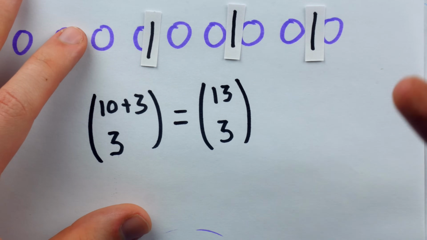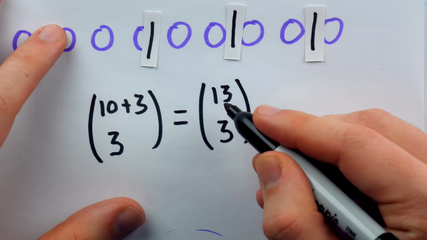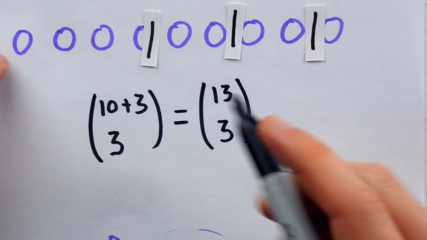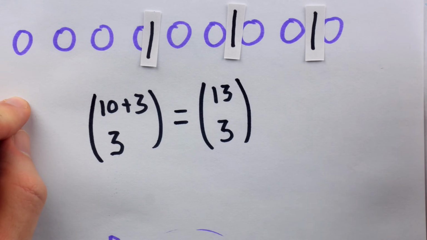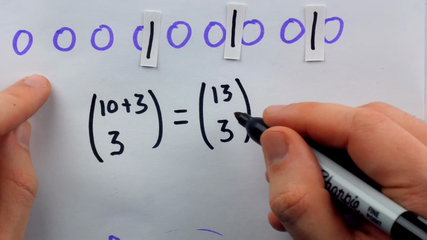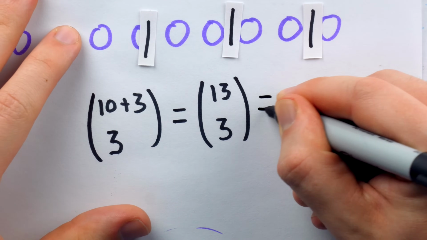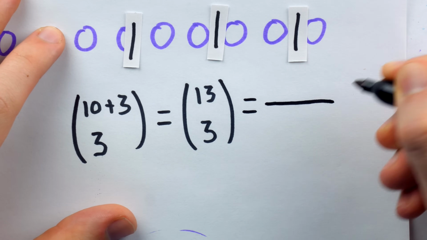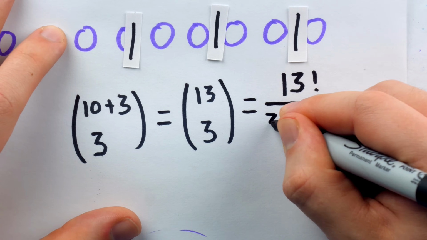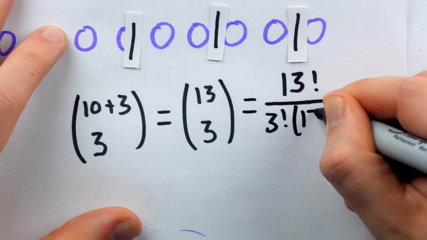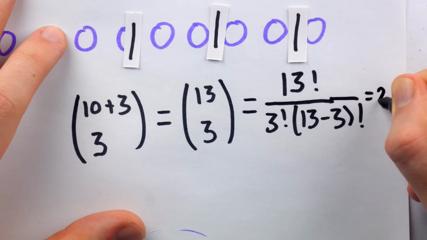It is, of course, the number of ways that we could choose 3 objects from a collection of 13, or in the context of this problem and the application of the stick and balls method, it's the number of ways that we could choose 3 positions in a sequence of 13 to be sticks. I'll leave a link in the description to a video where I go over how these things are calculated. The formula for it in this case is 13 factorial divided by 3 factorial times 13 minus 3 factorial. And this is equal to 286.